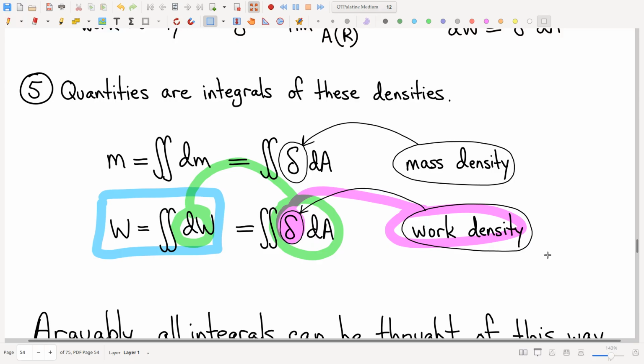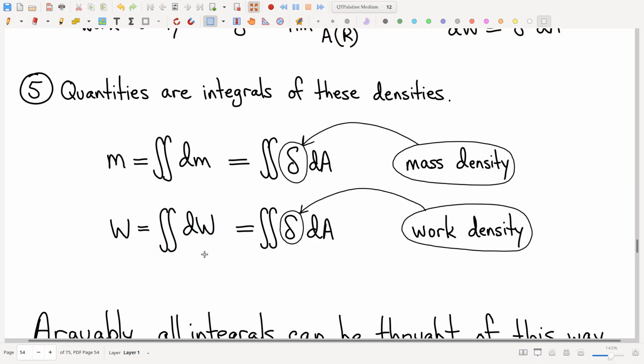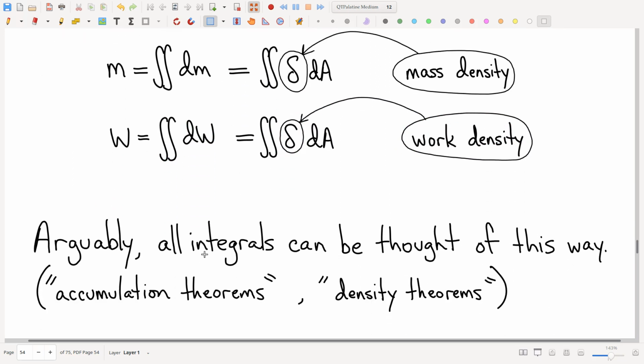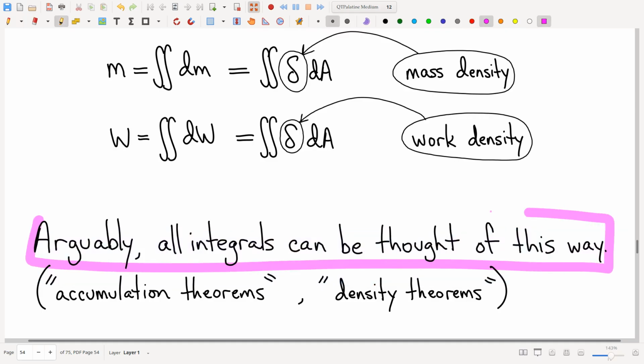And on any given little piece, the quantity, this accumulating quantity, is quantity per unit area times area. And so there is this general idea, whenever you have any accumulating quantity, you can make an argument like this.